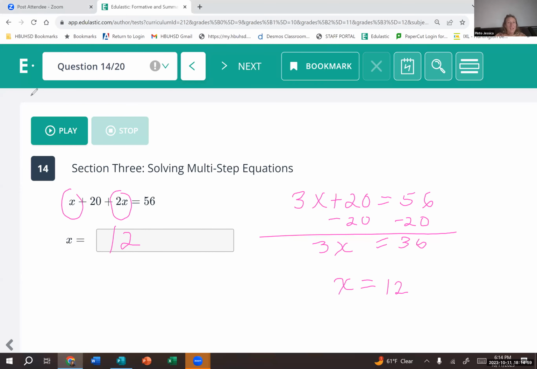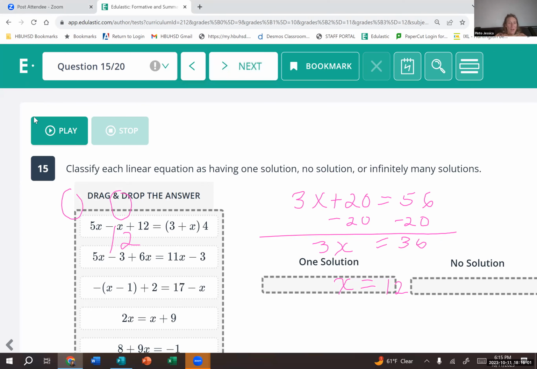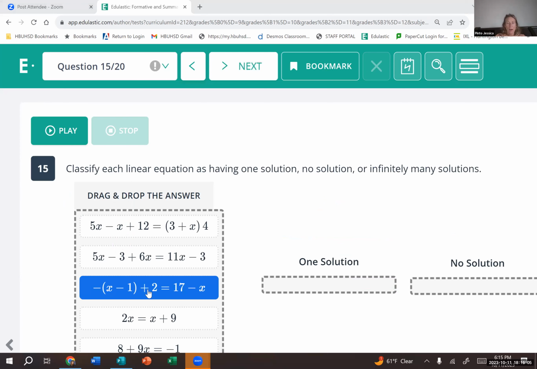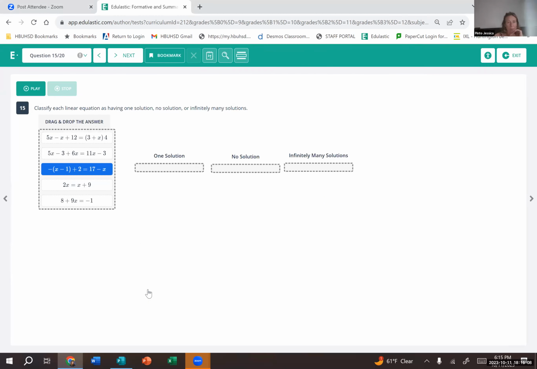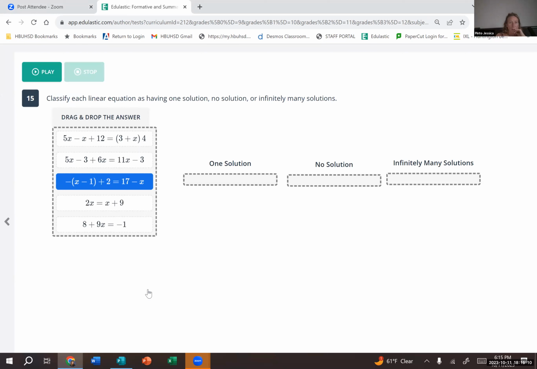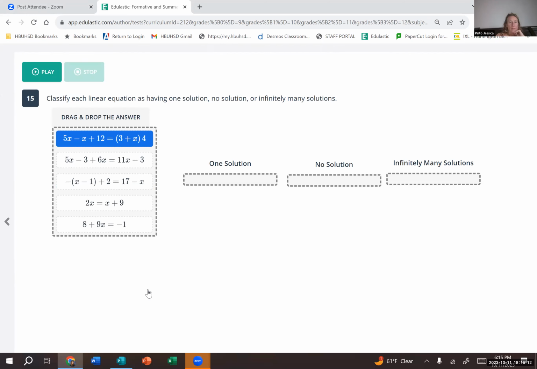Yay, we're on a 15. We're almost done. Okay, what are we seeing here? It says drag and drop. Okay. So when I look at this one, I need to think in my mind how that would be. Okay.